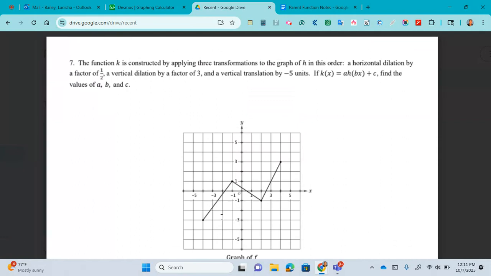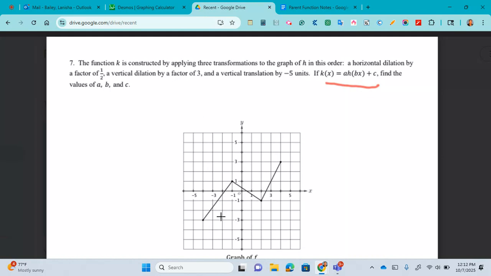It gave us the transformation equation right here. We are applying 3 different transformations to the graph of h: a horizontal dilation by a factor of 1/2, a vertical dilation by a factor of 3, and a vertical translation by -5 units. And we need to know what our A, B, and C is.